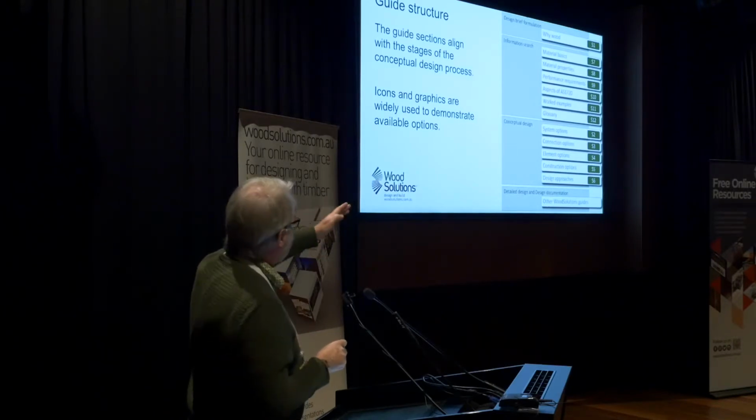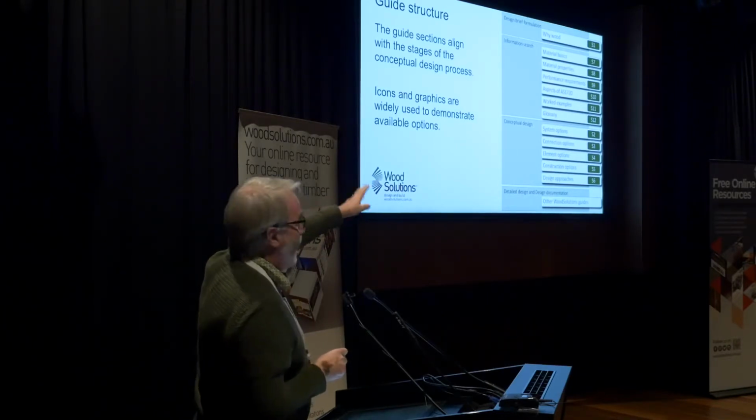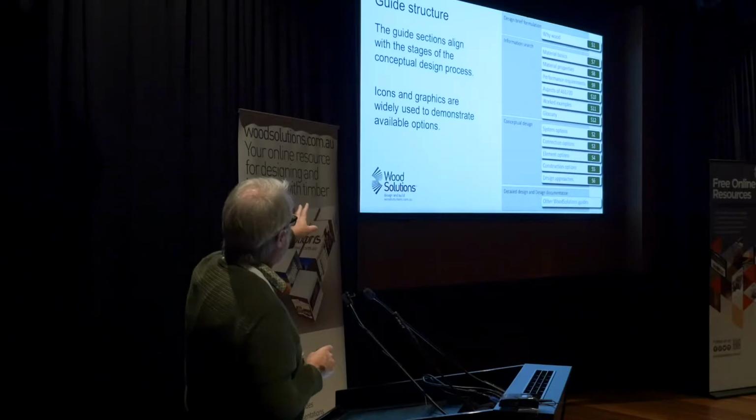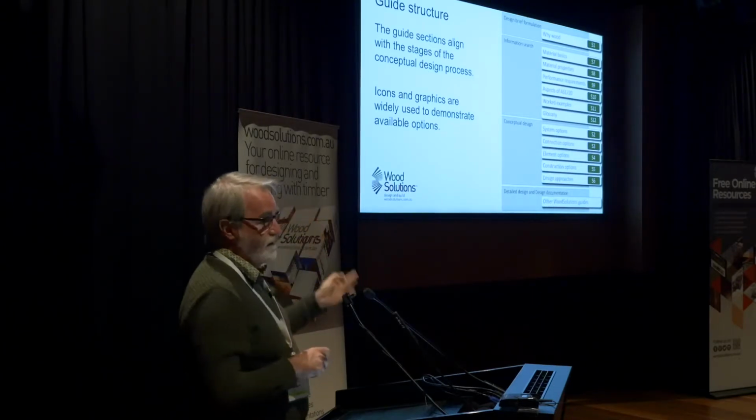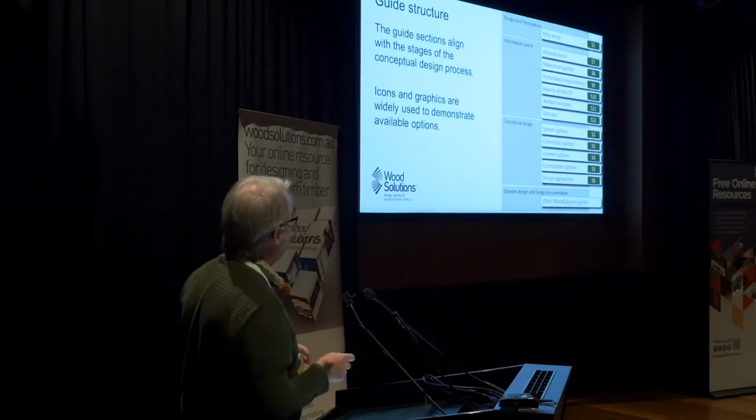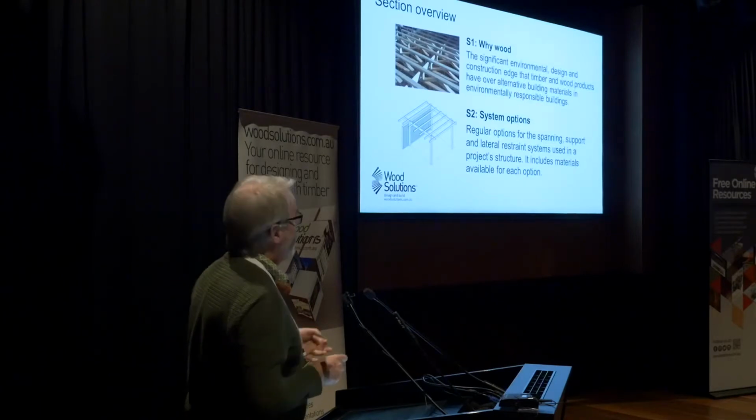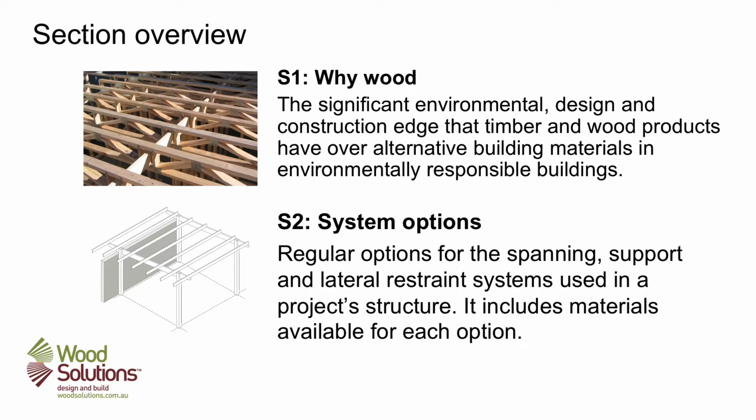I just want to address what we handle in each section. The other key thing is that we've used icons a lot, and I'll show you what that means in a minute. Section 1 deals with why we would want to use wood in the first place. There's a range of environmental, cost and other implications that come when you decide to use wood, and we need to get those out at the beginning. The next is what our system options are.